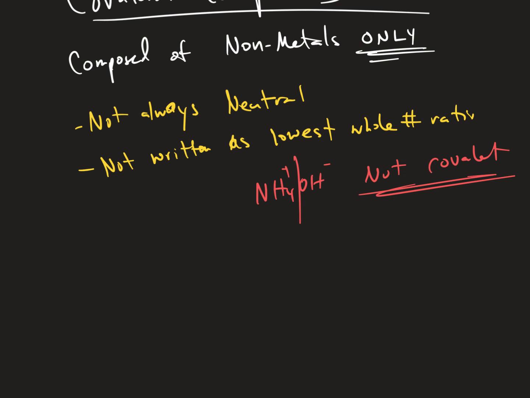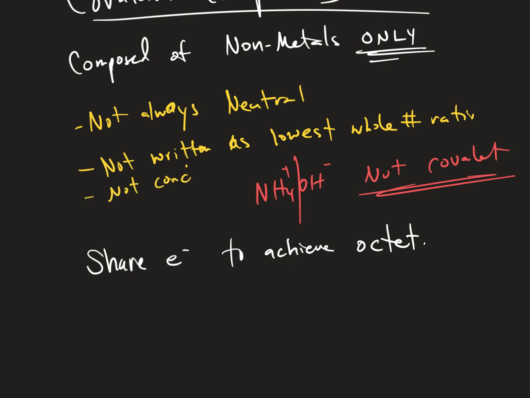Covalent compounds, on the other hand, share electrons to achieve an octet. What's that? They're not conductive. Oh yeah, let's write that. Not conductive. Right, thanks. So they're kind of ionic compounds' opposites. Okay.